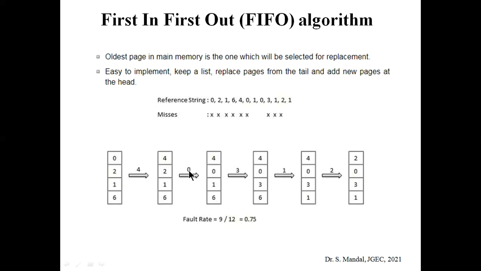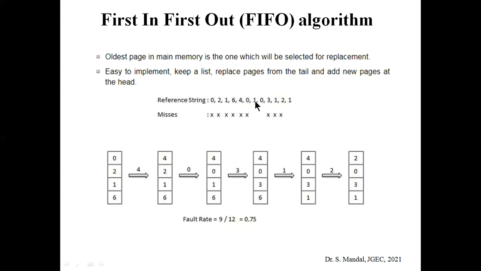We need to load 0. Here we have 4216. Which one is the oldest? Next is the 2, so obviously 2 will be replaced by 0. So we update it to 4016.